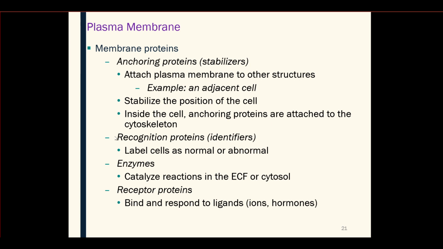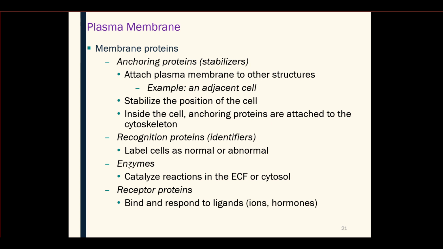There are proteins that are known as recognition proteins. These basically identify the cell as normal or abnormal to our immune system, right? If the cell becomes abnormal, these proteins will kind of alert the immune system that the cell is abnormal, and the immune system hopefully will get rid of that cell.